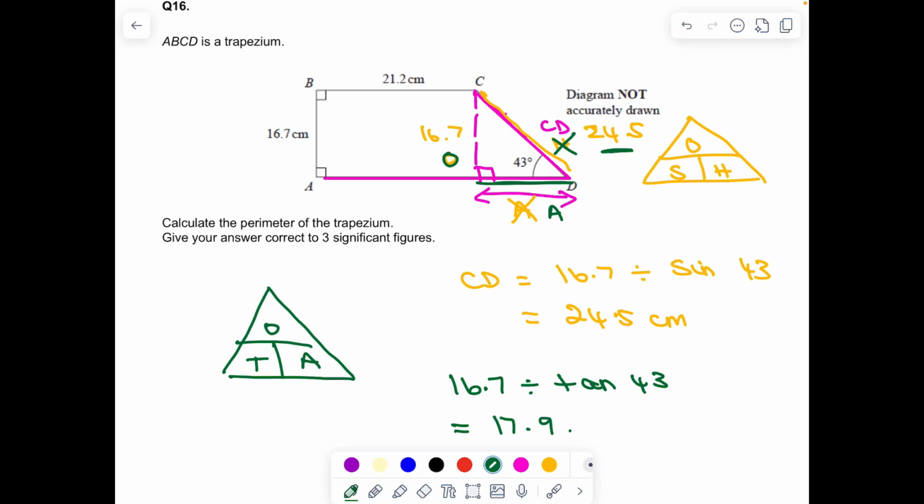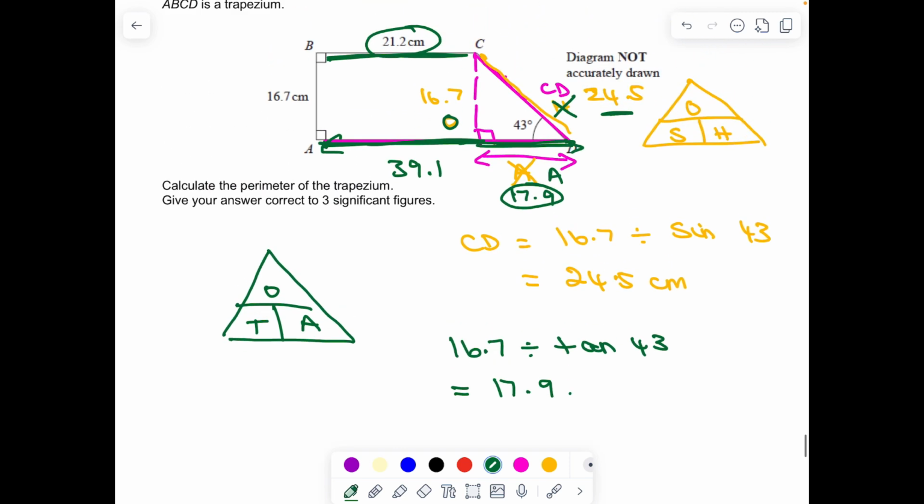So we know that this is 17.9, and we know that this bit here is 21.2. We know that from up there. So the whole thing must be 39. All the way across, if we add 17.9 and 21.2, I get 39.1.